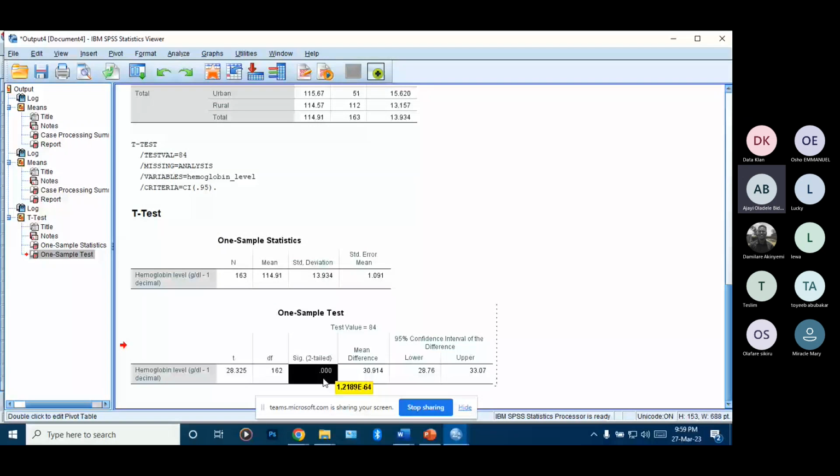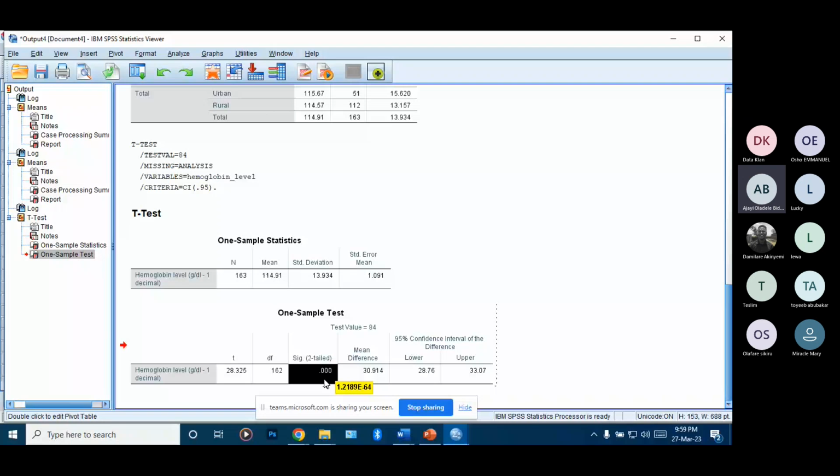Now, coming to our testing, we said H naught: mean equals 84. We reject H naught if p-value is less than alpha, and our alpha by default here is 5%. That's 0.05. Since this particular p-value is 0.001, it is less than alpha.